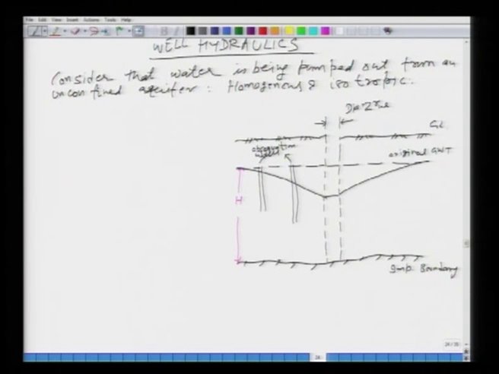This curve is what is called the drawdown curve, the lowering of the water table, and this whole area we are looking at is called the cone of depression. We are going to look at all these things in a minute.